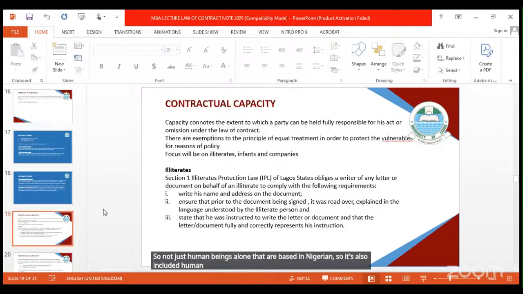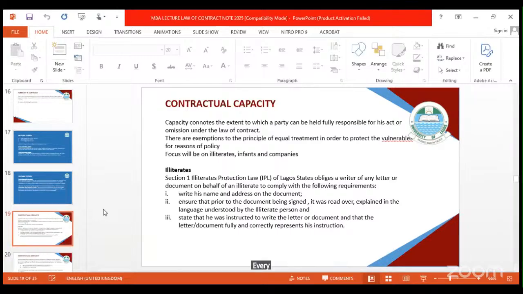So the issue is that every person has the capacity to enter into a valid contract. But because some other persons will be vulnerable, people don't have the same capacity, because it has to be that free way of consenting. Some people have more knowledge and the capacity to bargain more than other ones. So you can't place them all at the same level.